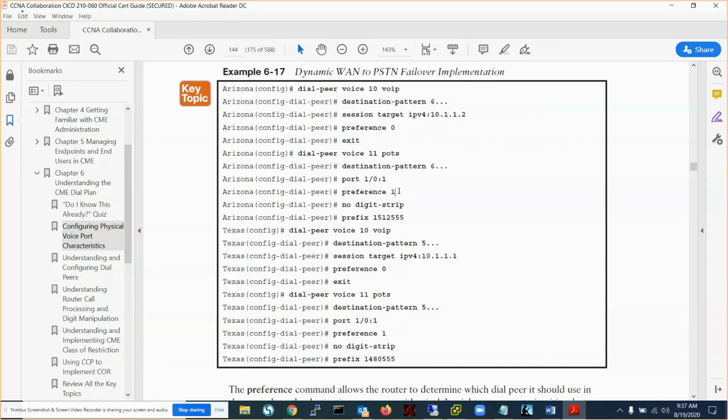So if you have more than one T1, when you bring up the two, you get 48 channels. I was looking where it's port, and they have 1/0. If this specifies the first T1 card, and if you had a second T1 card, it would be port 2 something.